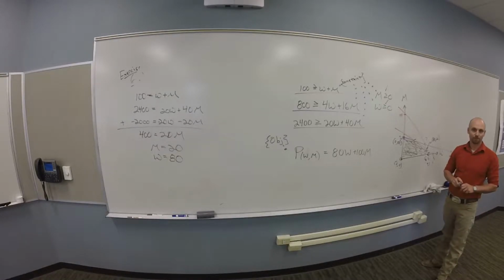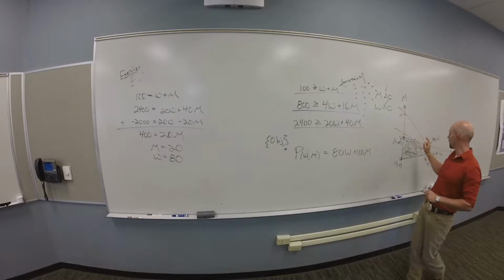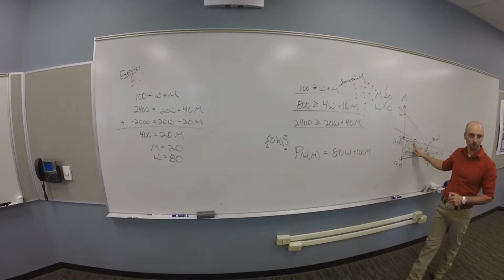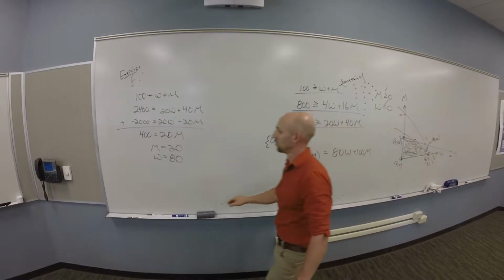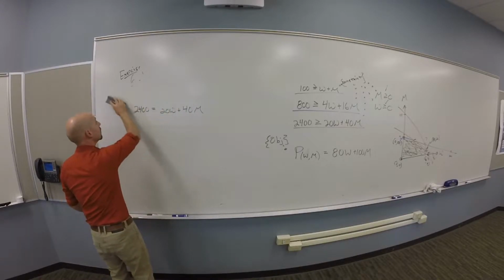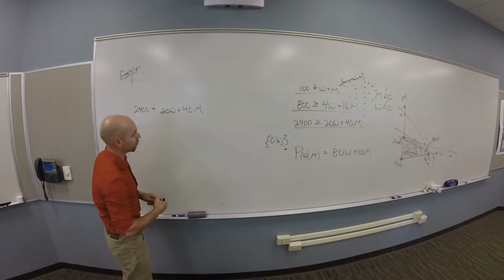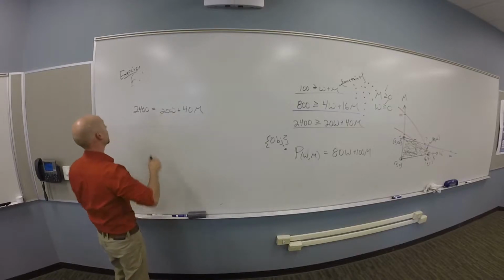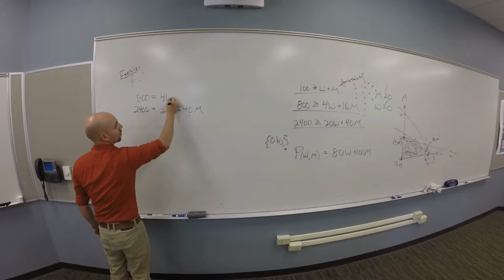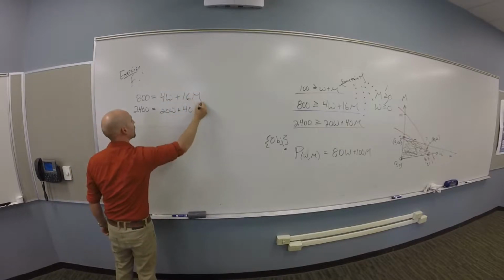Now I need to go find this one, right? The orange meets the blue. I already have orange written down, and blue is 800 is 4W plus 16M.